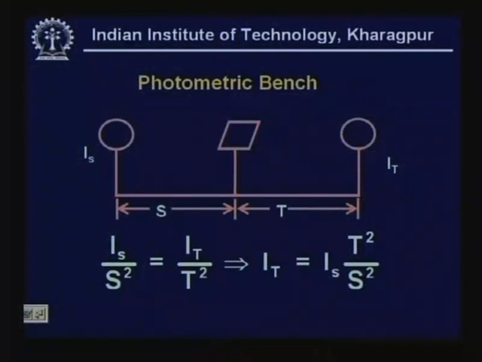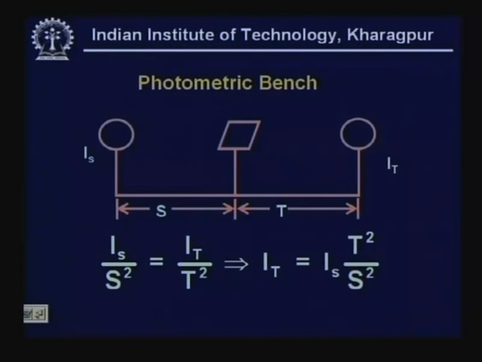So, this is a very important issue. And what are the various ways to balance? One, I keep the position of the head and the test lamp fixed, vary the position of standard lamp, thereby I get the value.